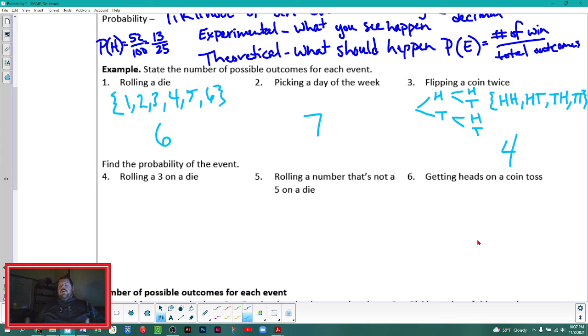Next, we want to find the probability. And now when I'm asking for probability in something that we haven't done yet, I'm really talking about the theoretical probability. What should happen? I want to look at the number of wins over the total outcomes.